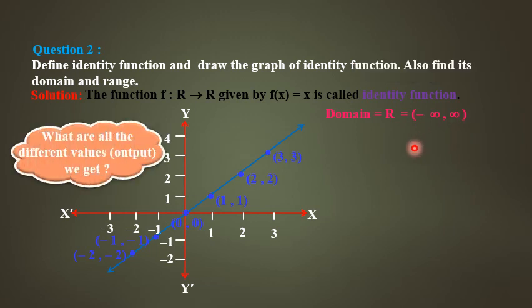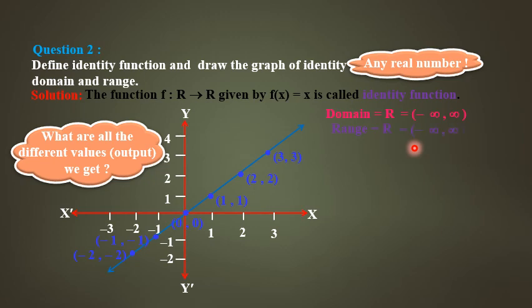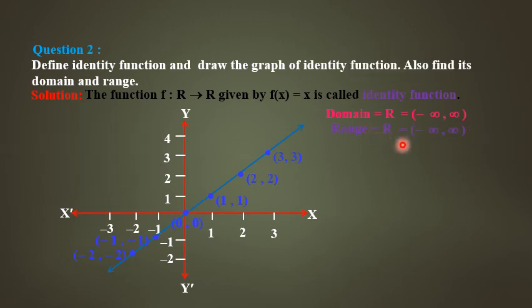What are all the output values we get here? Output is also any real number, because what you put, the same thing you are getting. Again it is minus infinity to plus infinity. Now you have drawn the graph of f(x) = x, and the domain and range also you got.